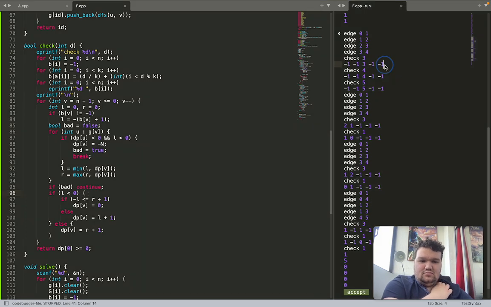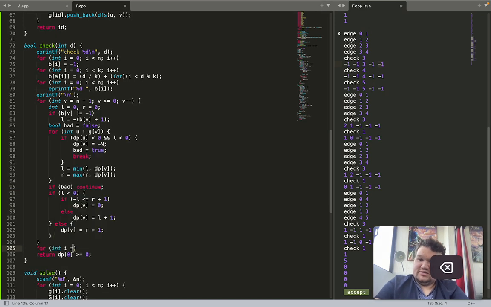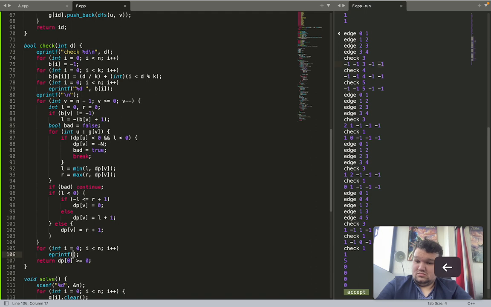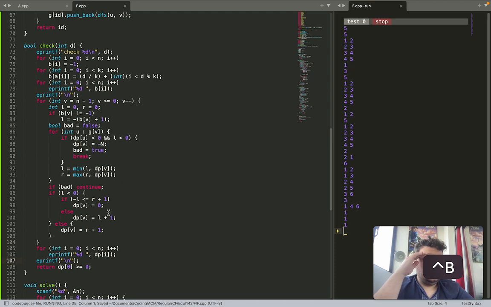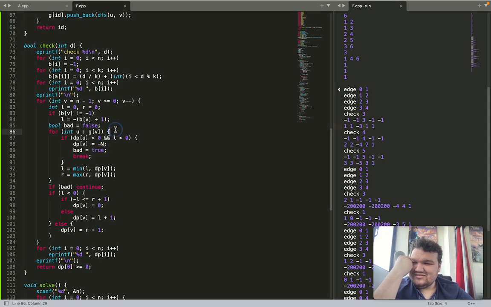So here dp should be 1. Okay, let's just print the dp values. One should be 2. 0, 0.